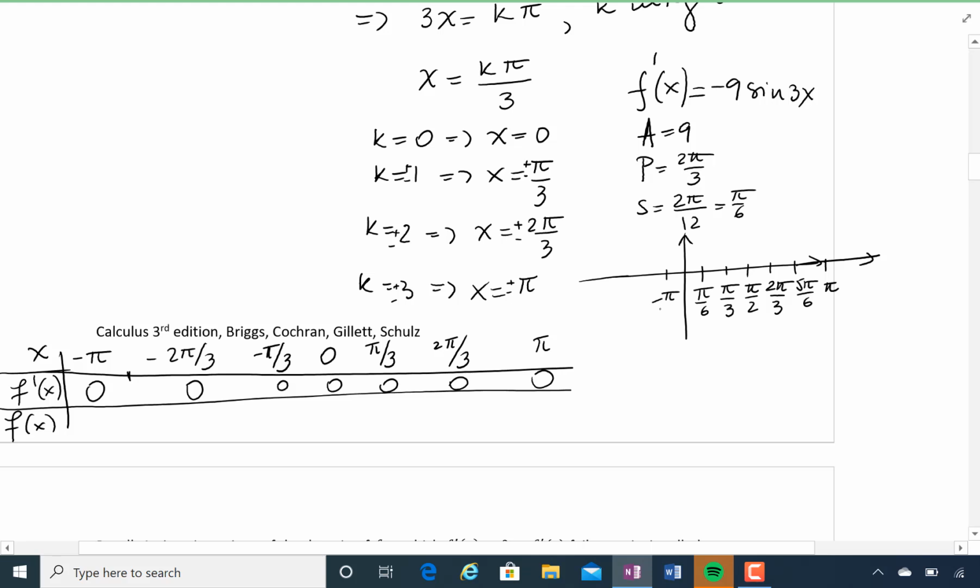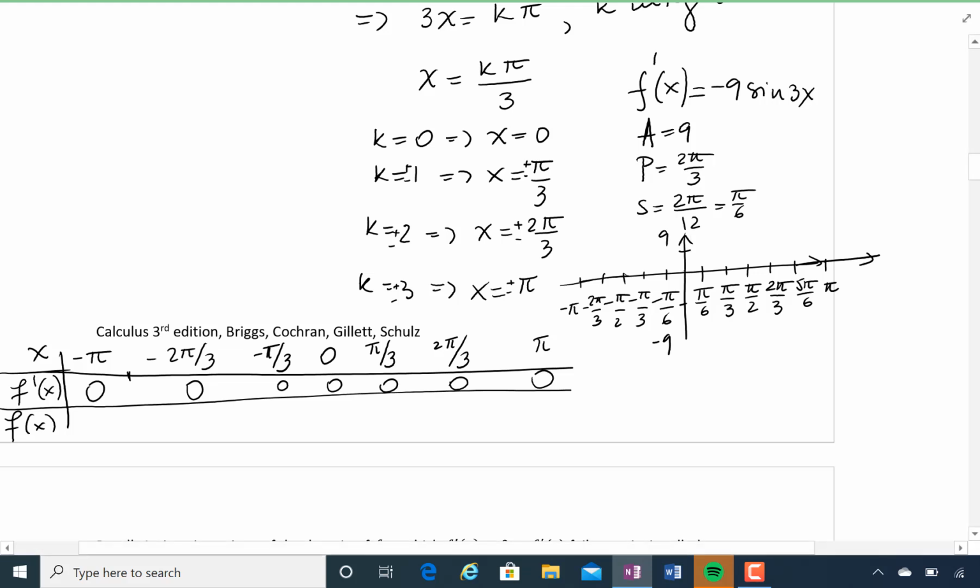Then the other side: negative pi over 6, negative pi over 3, negative pi over 2, negative 2 pi over 3, negative pi, and that's enough. So 3, 9, and negative 9.